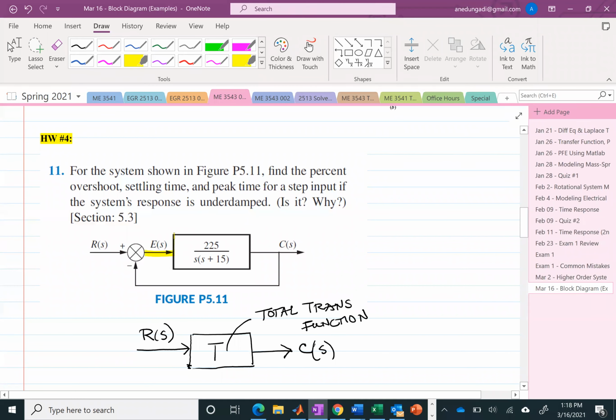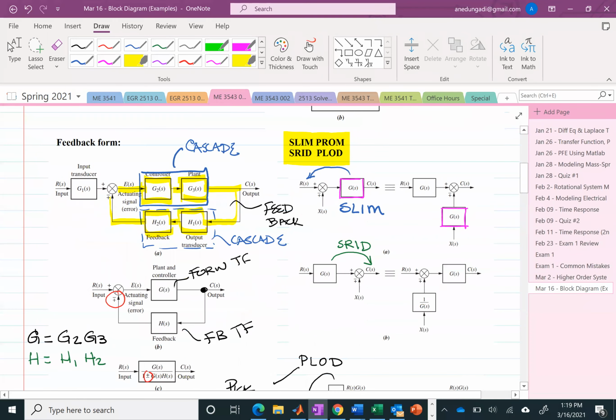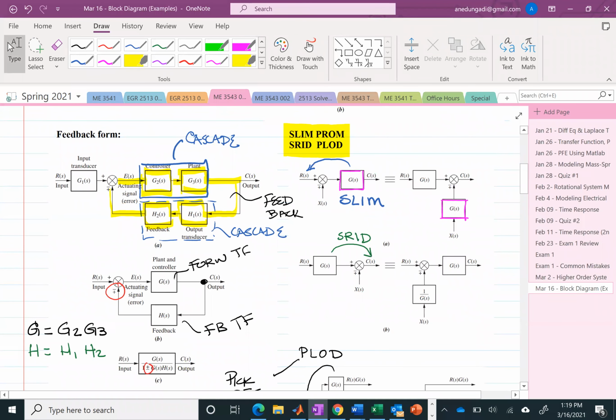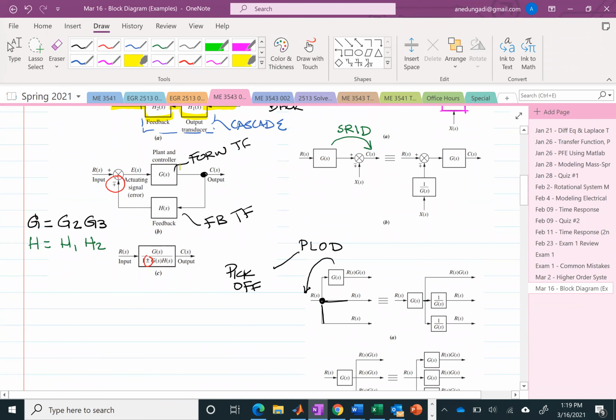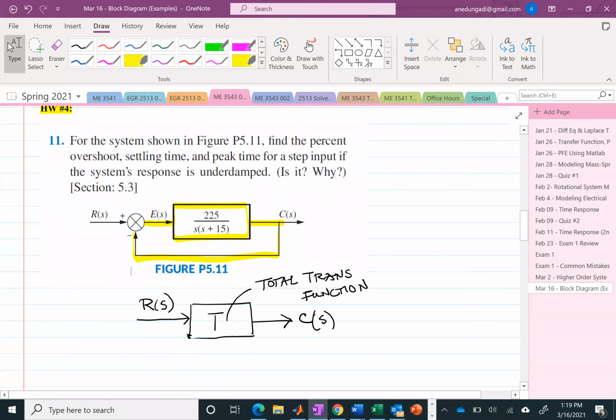So you have a forward transfer function and a feedback transfer function. In this example, in the feedback form, G is the forward transfer function, 25 divided by s plus 15. And the feedback transfer function, H.